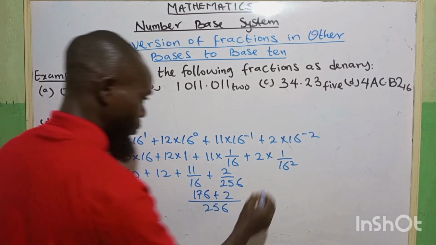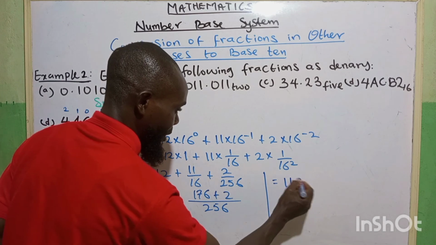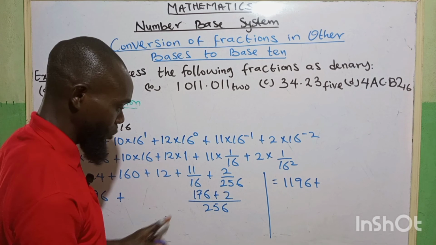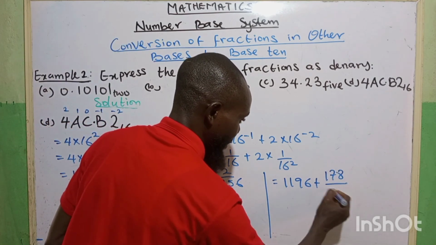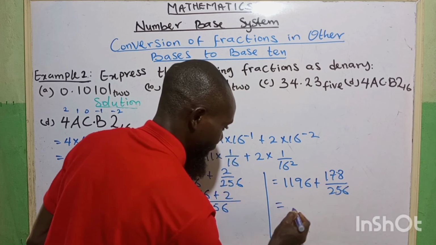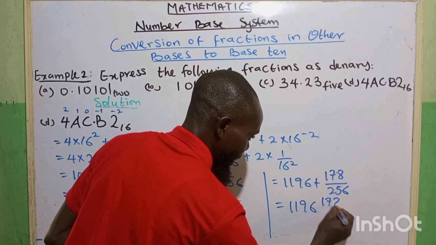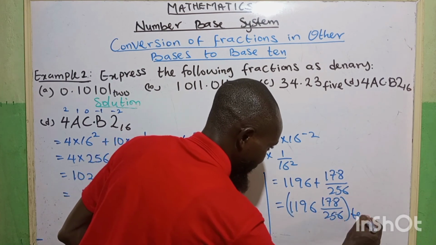So from here, we can now have 1196 plus 176 plus 2. We're going to have 178. 178 divided by 256. That is 1196 whole number, 178 over 256 in base 10.